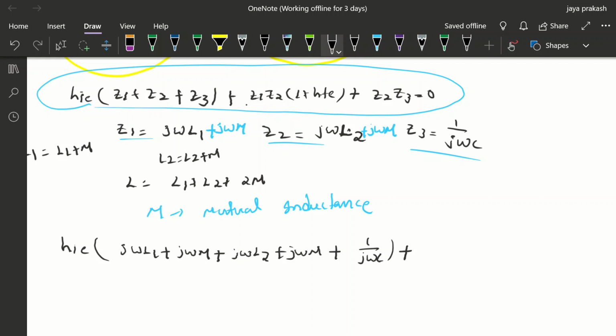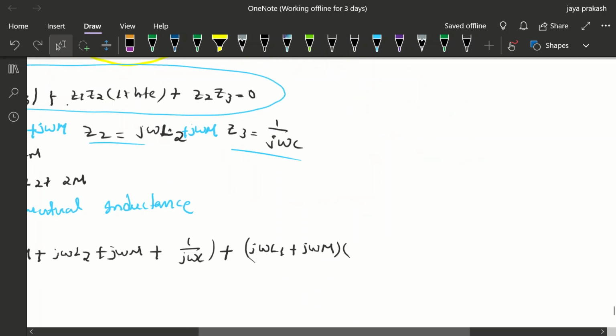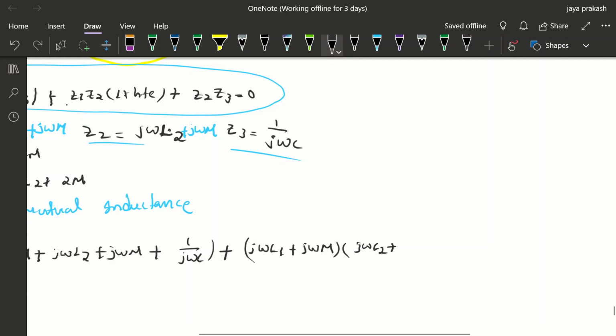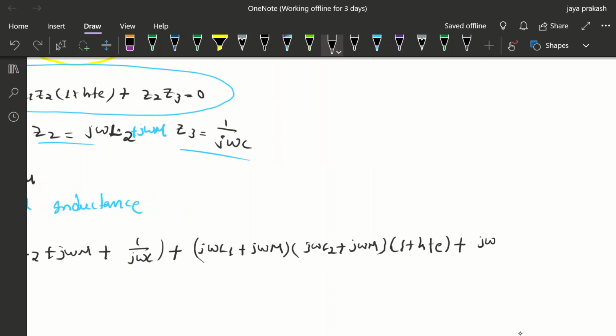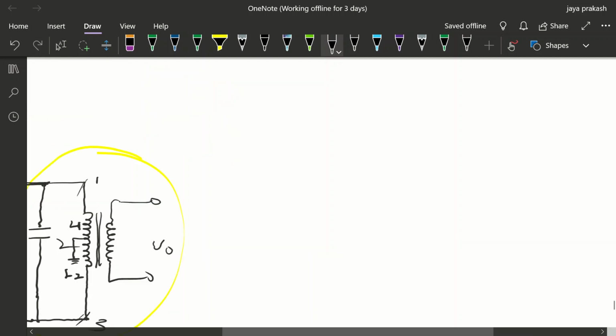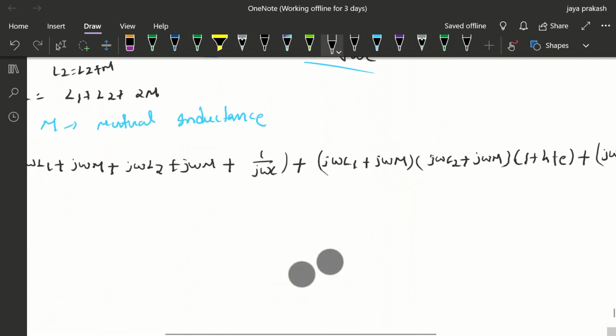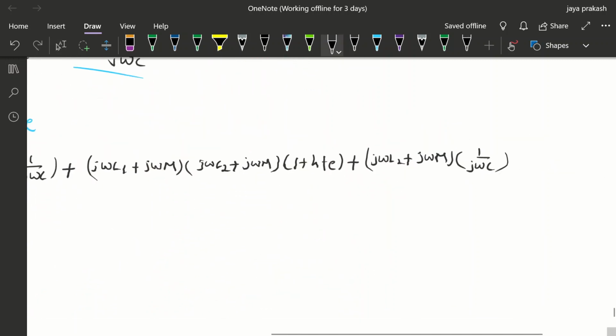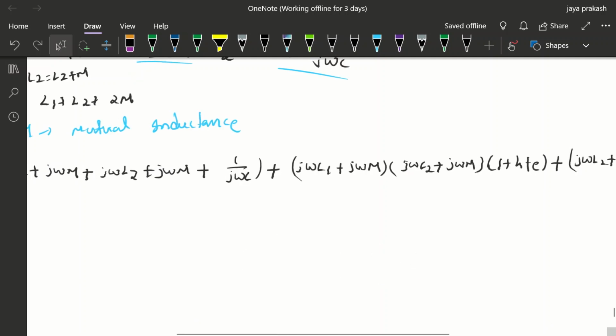What is Z1? j omega L1 plus j omega M, and Z2 is j omega L2 plus j omega M, into 1 plus HFE, plus Z2, that is j omega L2 plus j omega M, into 1 upon j omega C. This is all equal to 0.